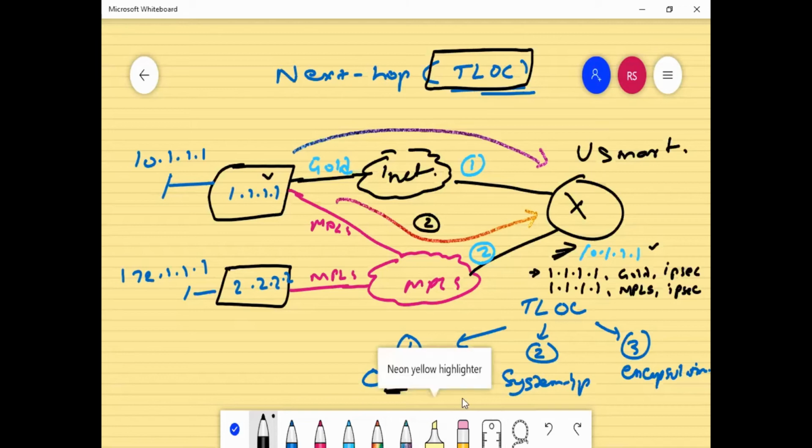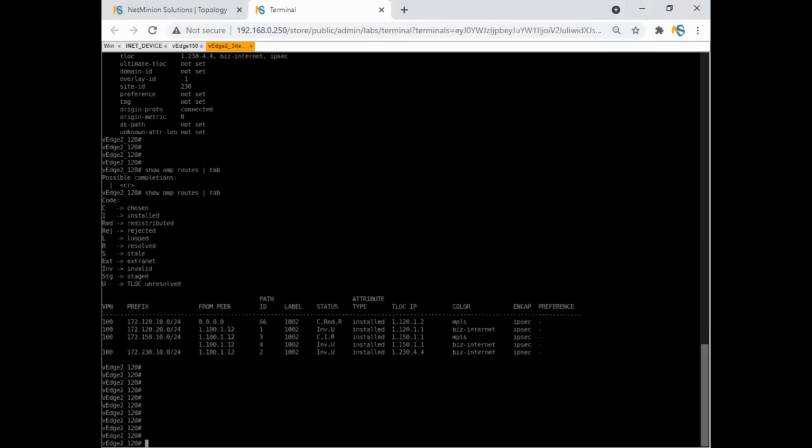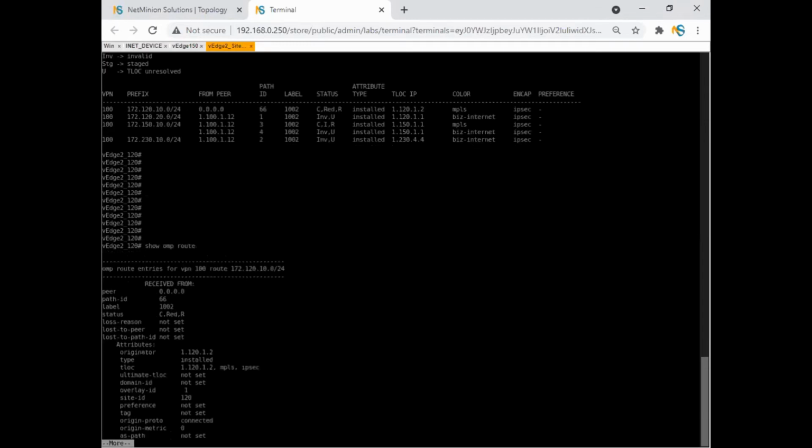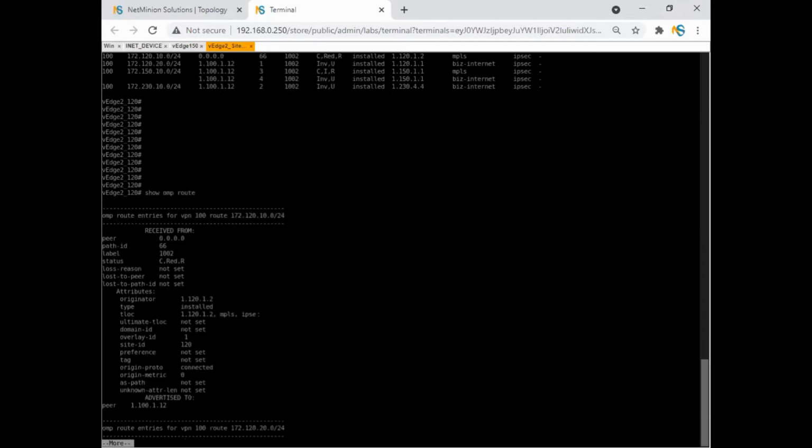Let me show you this, if I can quickly show you. Show OMP route. Are you able to see this TLOC value? Are you able to see that it is saying that the route is 172.120.10.0, which is coming from our 120 location.